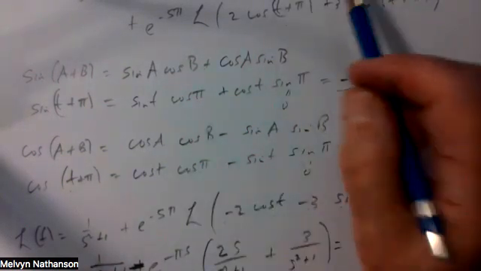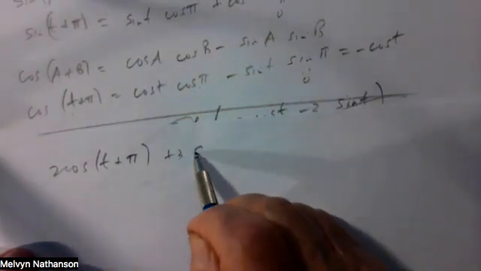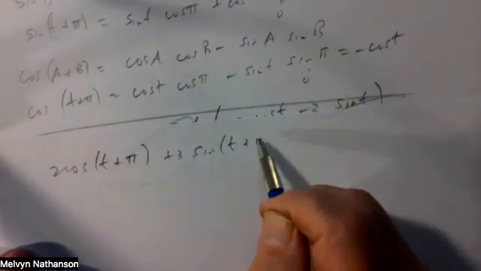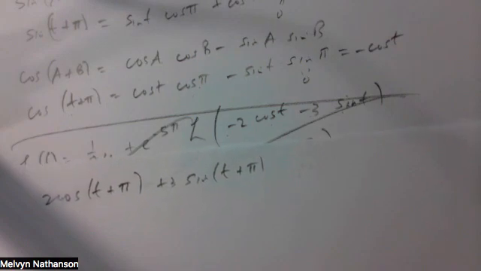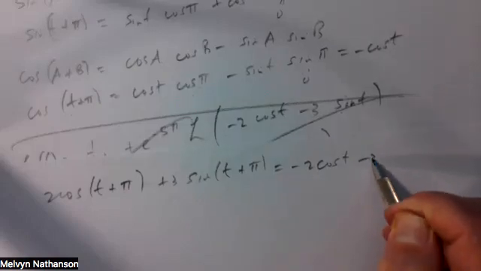That's this term here. I forgot, I have to also look at this term. So let me just cross that out for a second. From what I just calculated, let me just repeat it. 2 times the cosine of t plus pi plus 3 times the sine of t plus pi is minus 2 cosine t minus 3 sine t.